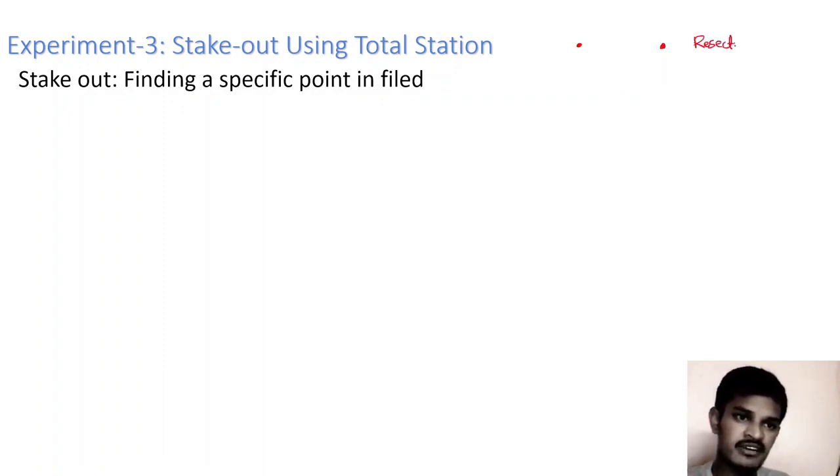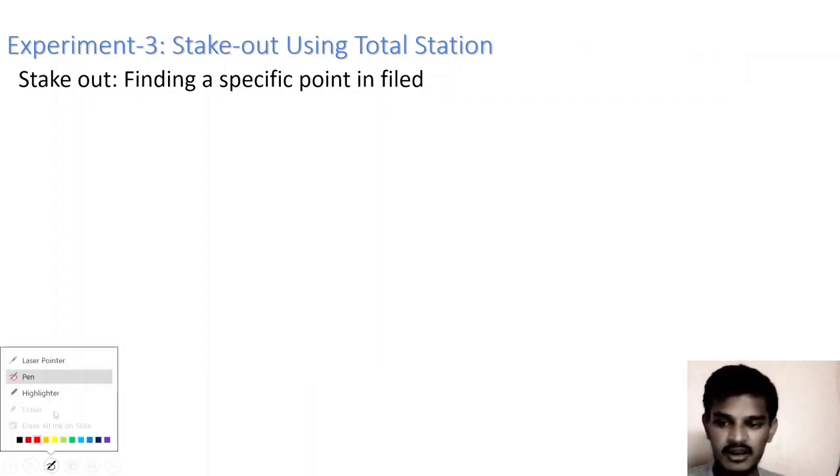In the resection method of plane table surveying, what we did is, on one particular day we had located two different points in the field, and on the same day rain fell, and this point vanished, right? So using the method of resection, we found that particular point which was lost in the field, right?